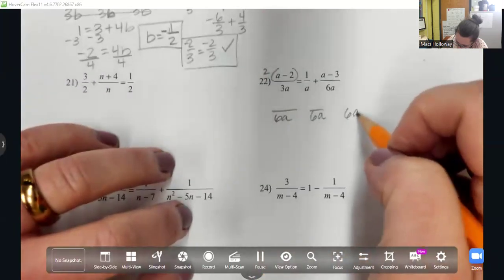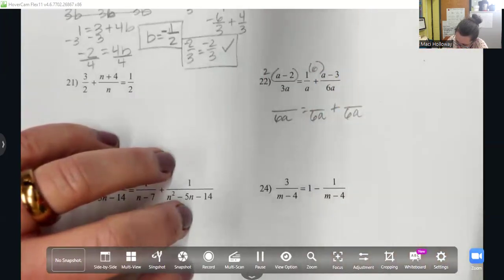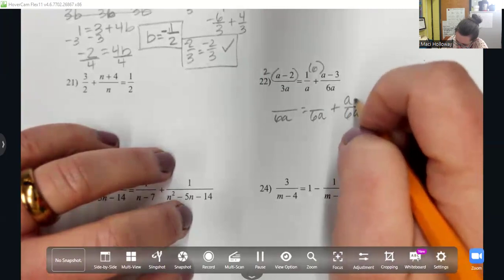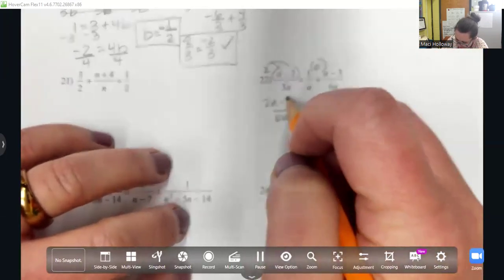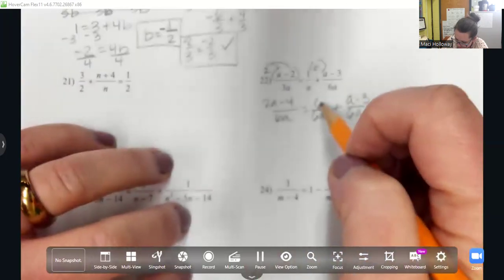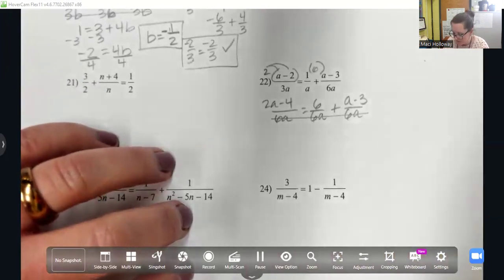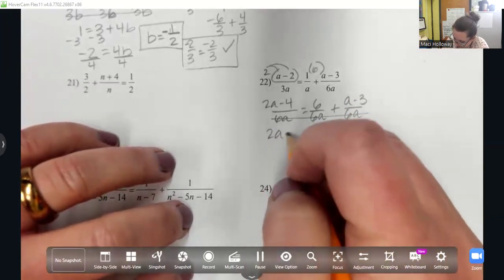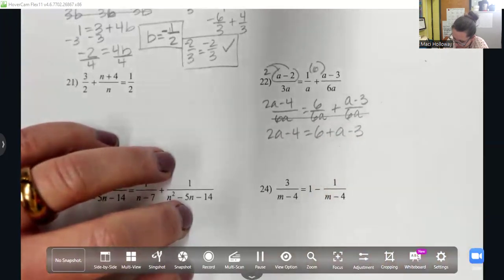The second guy needs a 6, and the third guy doesn't need anything, a minus 3. So distribute our 2 to a minus 4. 1 times 6 is 6. I can cancel out my denominators when I have the common denominator. So we have 2a minus 4 equals 6 plus a minus 3.